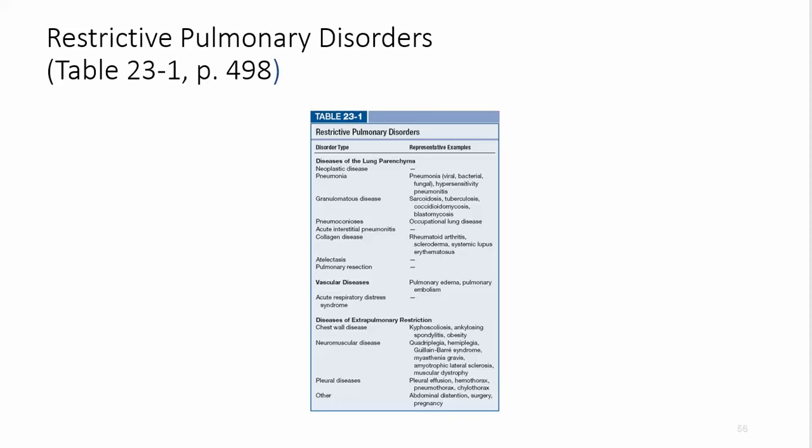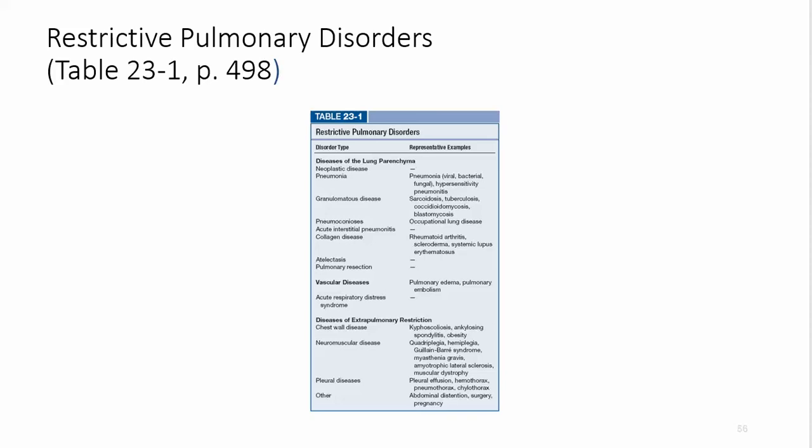Breathing in isn't so bad, but emptying the lungs is the difficulty. The restrictive, however, it's difficult to fill the lungs. They are the diseases that make inhalation difficult as opposed to exhalation.